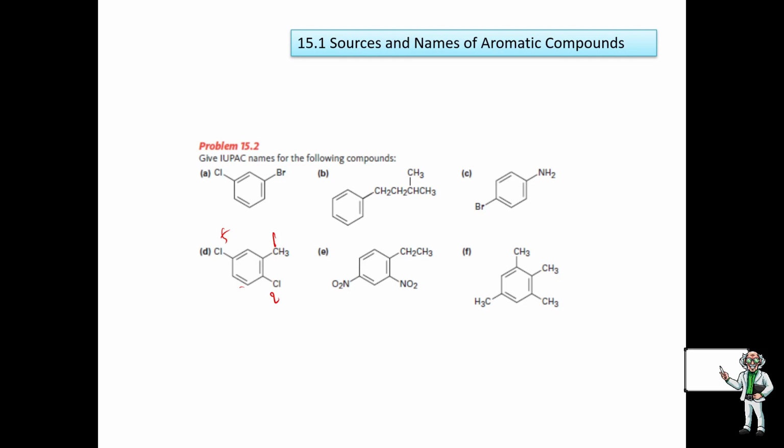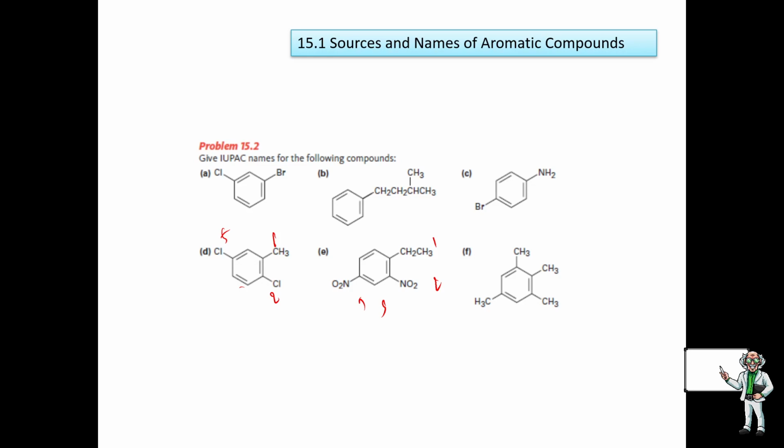Next one, we don't have any special name. That means the numbering is free. We put the 1 in the ethyl, 2 in the nitro, and then it's 1, 2, 4. There is no other numeration that is lower. That means this will be 1-ethyl-2,4-dinitrobenzene.